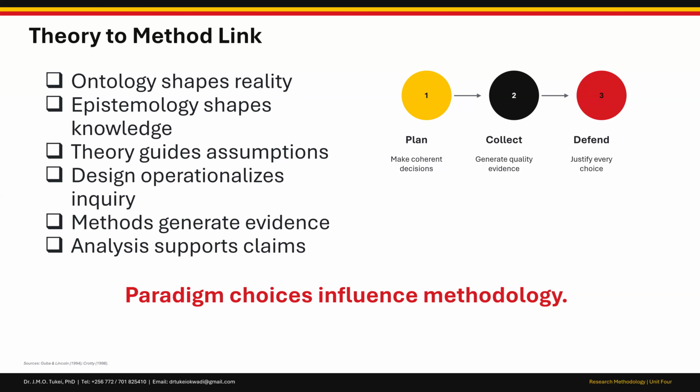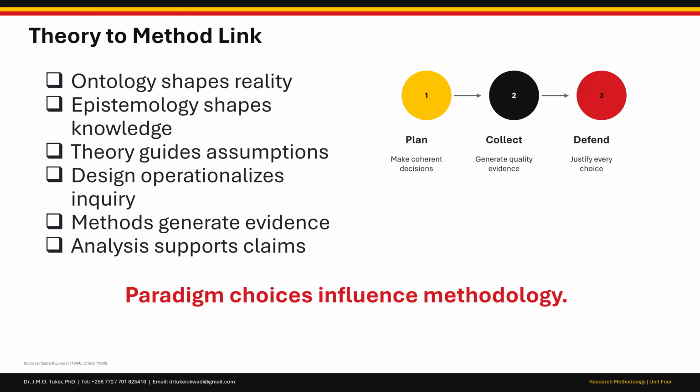A positivist looks at quantitative data and will want to collect numerical data. You will not change that, because we don't want you to say, I'm a positivist, and then again say, my design is purely qualitative. Then it means you are confused. You don't know what you are doing.